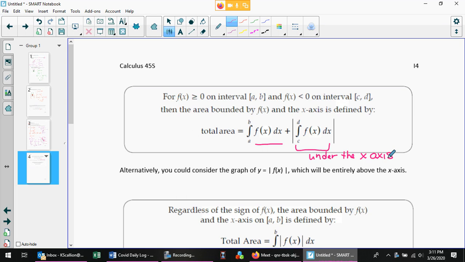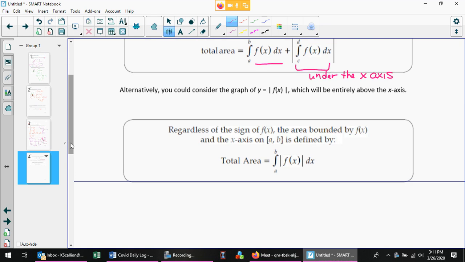Regardless of the sign, the area bounded by f of x and the x-axis is defined by the absolute value of the function. So the total area, we're going to treat it as an absolute value. So that's the difference between I3 and I4.